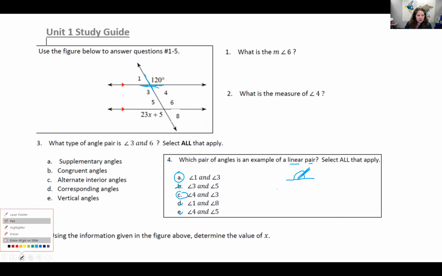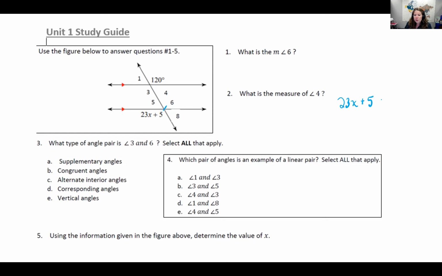Now we're going to solve for the value of x. We already know that based on number 1, angle 6 is 120. And since these are vertical angles, they're equal. So we set 23x plus 5 equal to 120. We subtract 5 from both sides, so 23x is equal to 115.